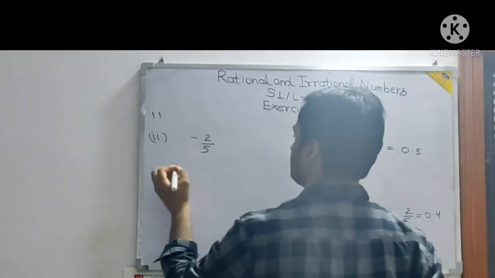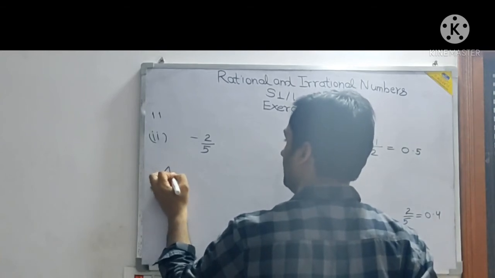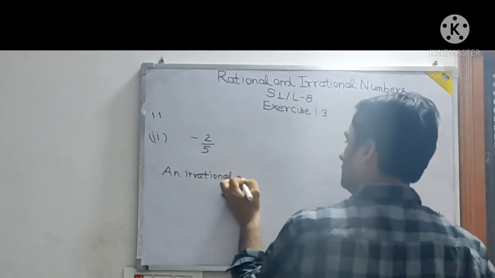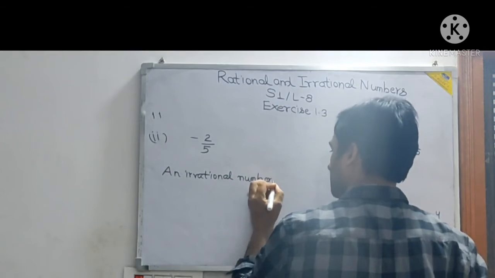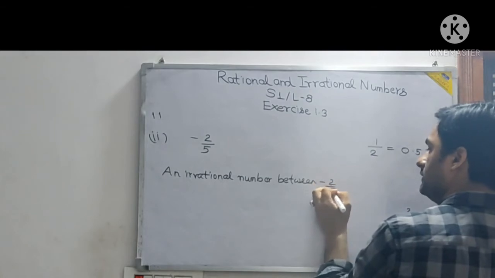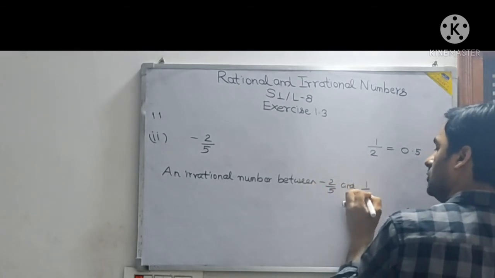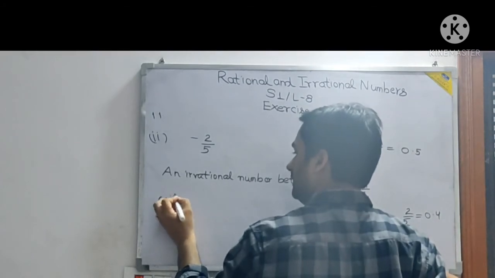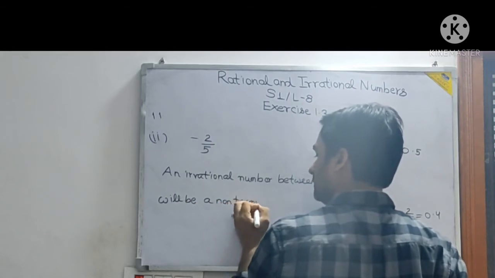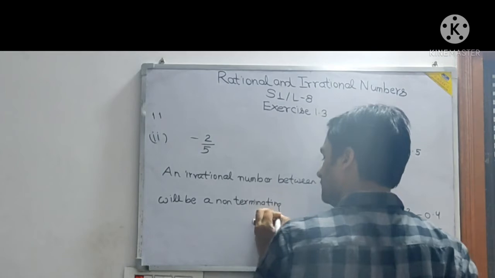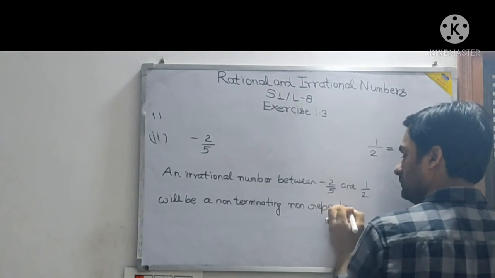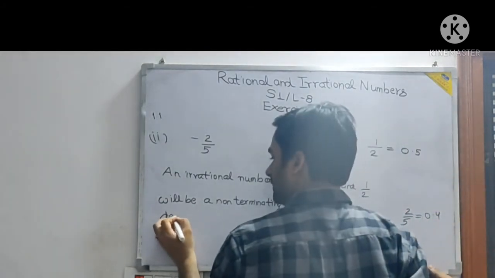So right here, an irrational number between minus 2 by 5 and 1 by 2 will be a non-terminating, non-repeating decimal expansion.